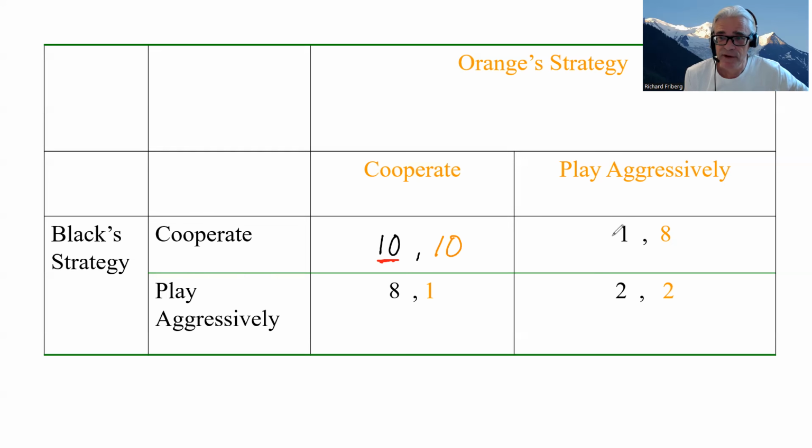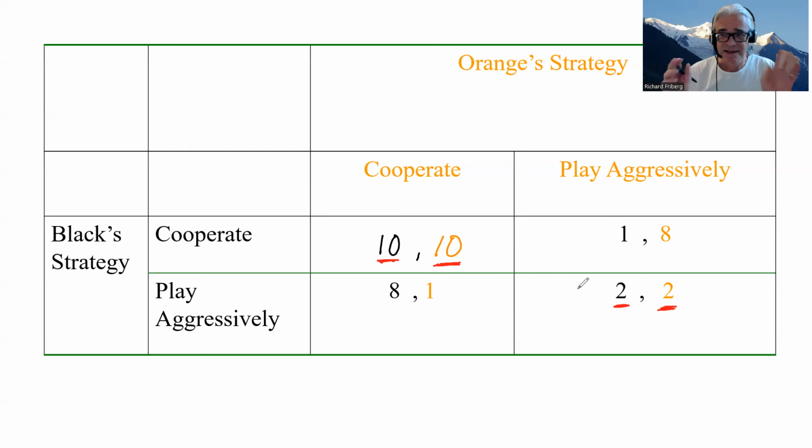If orange plays aggressively, black would compare the payoffs 1 to 2. 2 is greater, so if orange would play aggressively, the best response for black would also be to be aggressive. And vice versa. We can then move over to orange, comparing 10 to 8. 10 is greater, or 1 to 2. 2 is greater. Okay, so we now have two cells where both strategies are underlined.